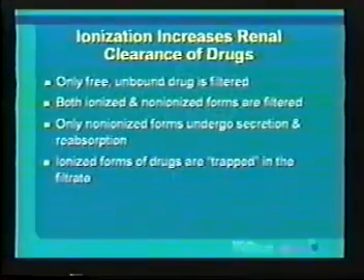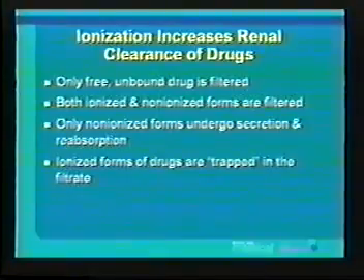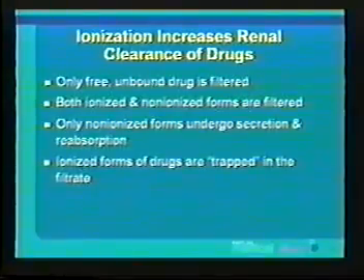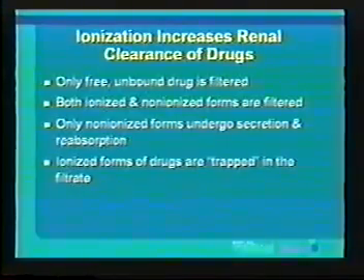Filtration only allows for drugs that are free to cross into the tubular lumen, the lumen of the tubules in the kidney. And bound drug, if it's bound to a plasma protein, cannot cross through the glomerular apparatus. So you filter free drug into the lumen of the tubule of the kidney every time blood gets into the glomerular apparatus.